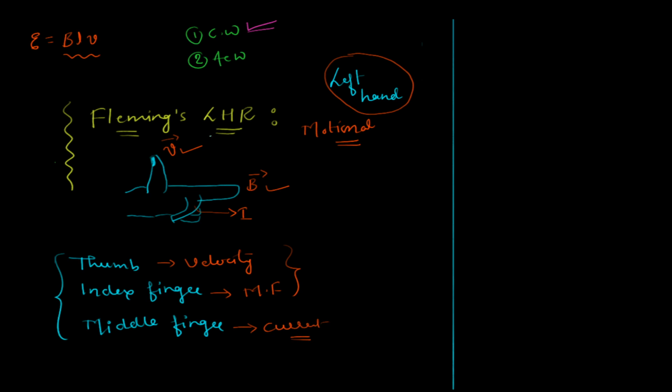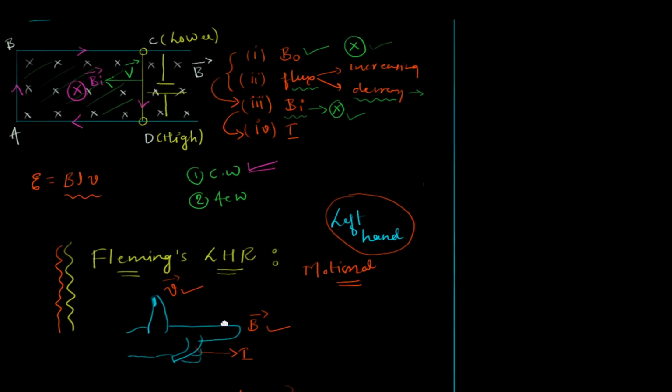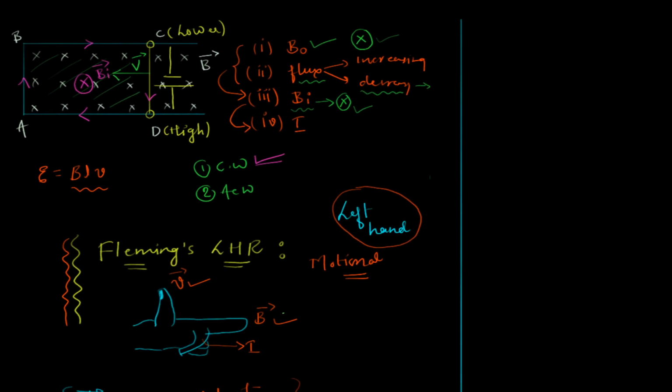According to me at least, use Fleming's left hand rule only to answer the direct question, as in if they end up asking in your tests what is Fleming's left hand rule. Otherwise, you don't really have to remember that in order to identify the current, which you can do using basic Lenz's law.